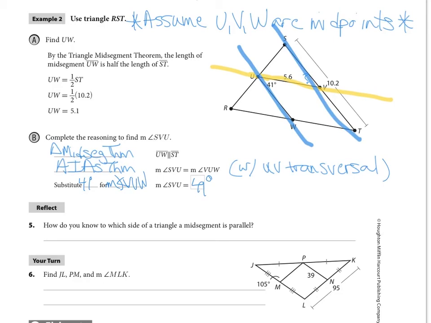Let's look at our reflect. How do we know to which side of a triangle a midsegment is parallel? Well, that's pretty simple. That is always the side that does not include the midpoints.